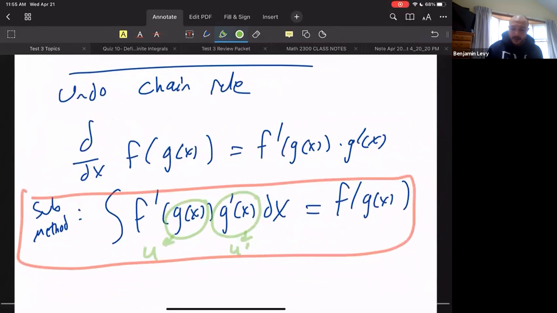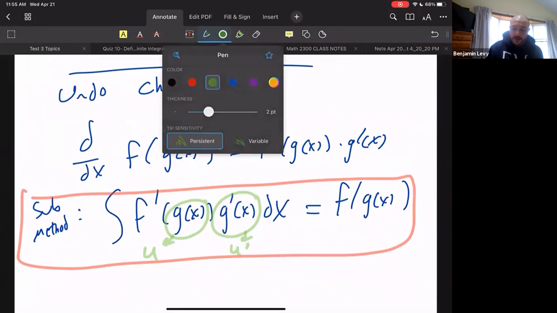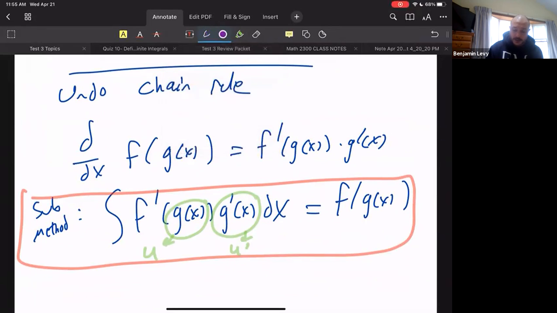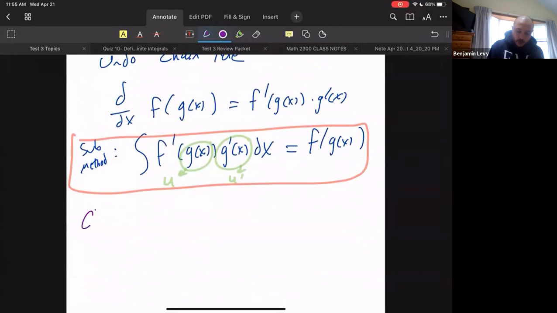And so the thing that I'm trying to point out here in thinking about the chain rule is that to choose u, you want it to be the g, whatever g is in the problem. Okay, so what is g?